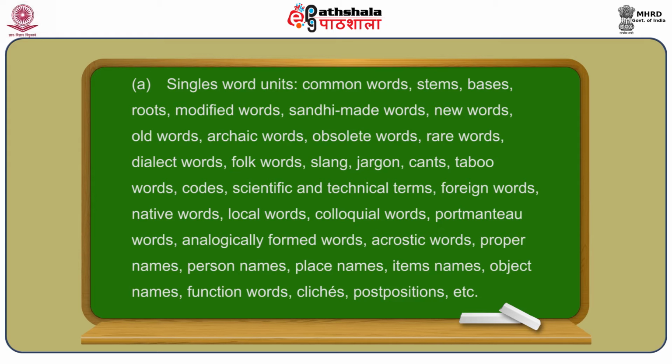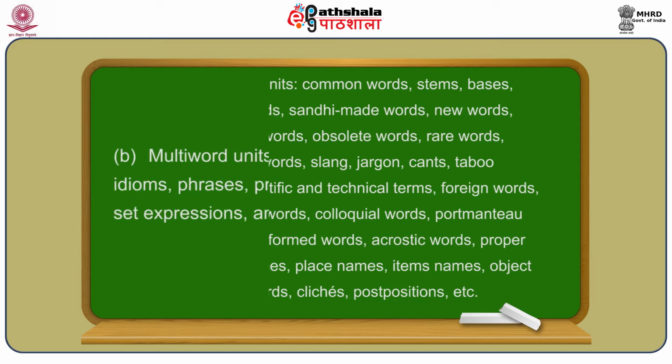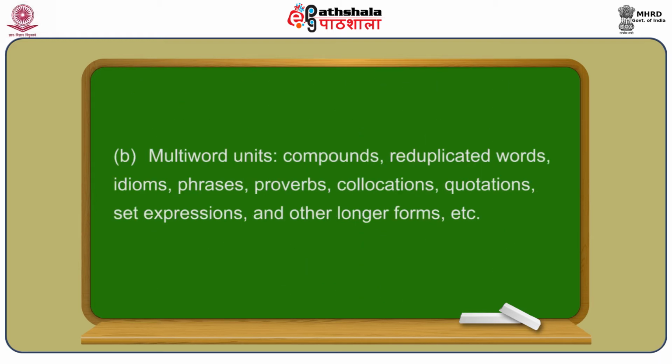They can be treated as single words and be entitled to enter into the list. The multi-word words like compounds, reduplicated words, idioms, phrases, proverbs, collocations, quotations, set expressions, are also treated as multi-word words, and are also entitled to be included in the list.